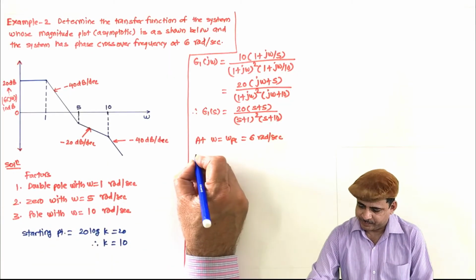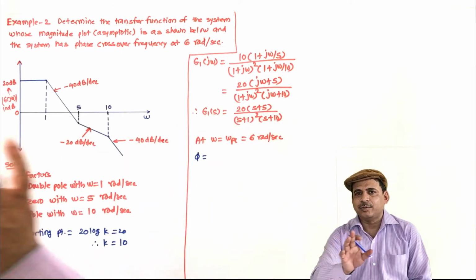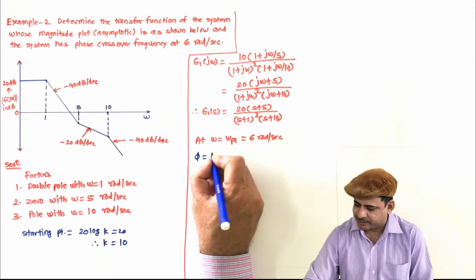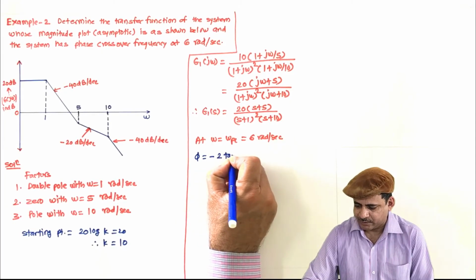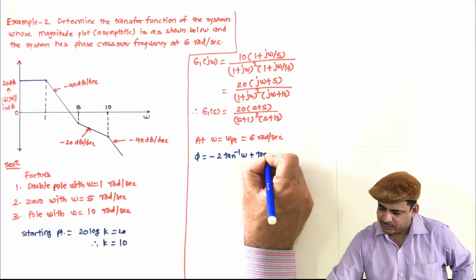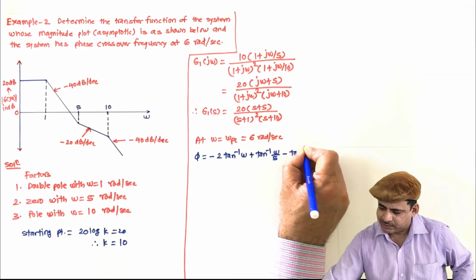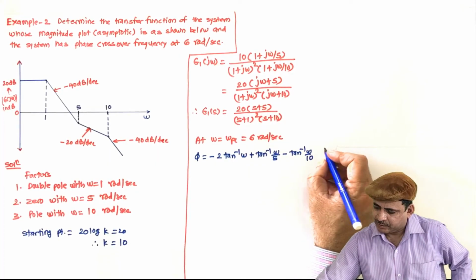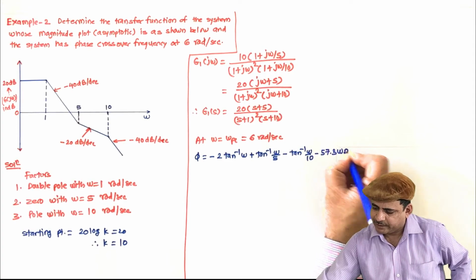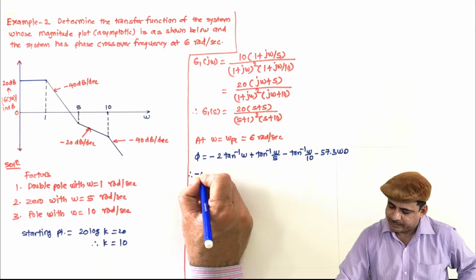The overall phase will be the phase of g1 minus omega T. So in this case it will be minus 2 tan inverse omega plus tan inverse omega by 5 minus tan inverse omega by 10 minus 57.3 omega d. And at omega equal to 6, the phase will be minus 180.